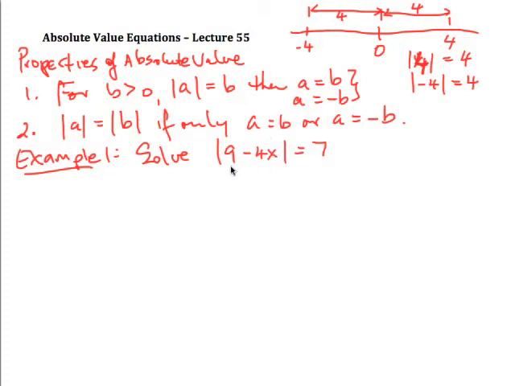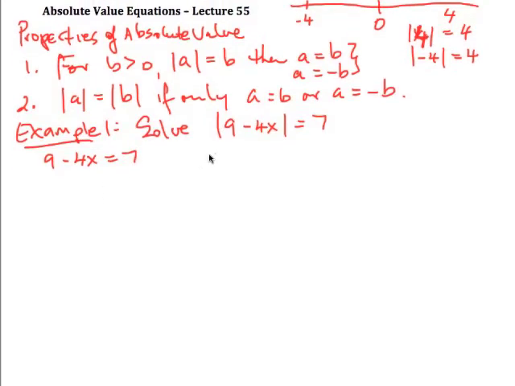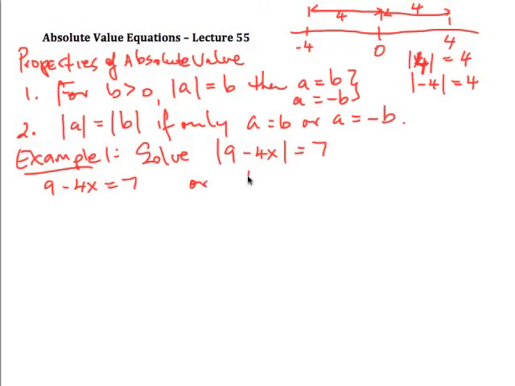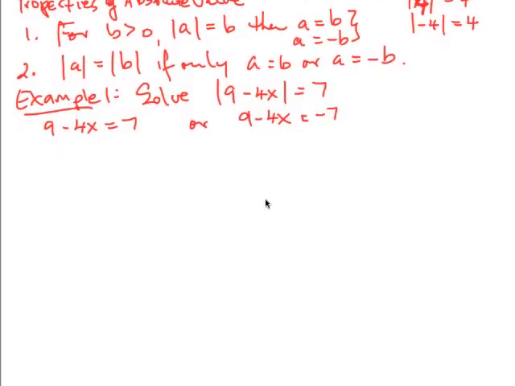We want to know the value of x for which this expression is a distance of 7 from the origin. So it could be either side of the origin. So we have two cases to consider. First of all, 9 minus 4x could be just equal to 7, or we could have that 9 minus 4x is equal to negative 7.